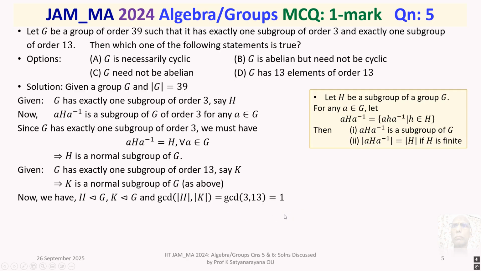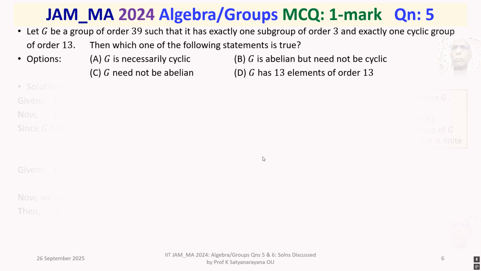Then we have studied in our classes that G is the direct product of H and K. Some people say H cross K. G is H cross K. We continue in the next slide.